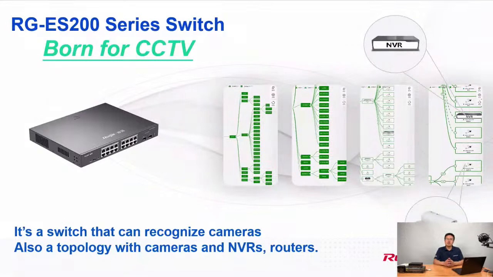So for the details of the Reyee topology, we provide the topology of your project on your mobile phone. What is the Reyee topology? I think we know that in your normal project the network topology is always shown in the management system, but there is no topology with cameras, right?